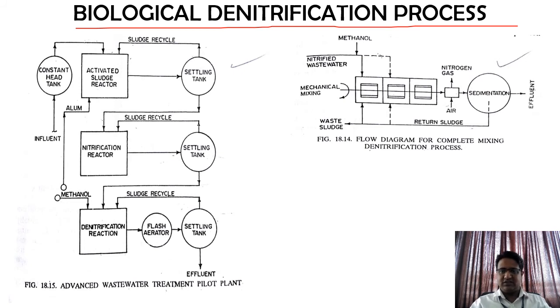If you check out this figure 18.14, it is the flow diagram for the complete mixing denitrification process. This is your denitrification process, or stage 3, mentioned in the previous slide. We have your nitrified wastewater coming in.